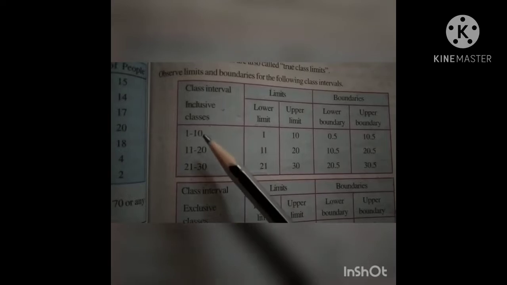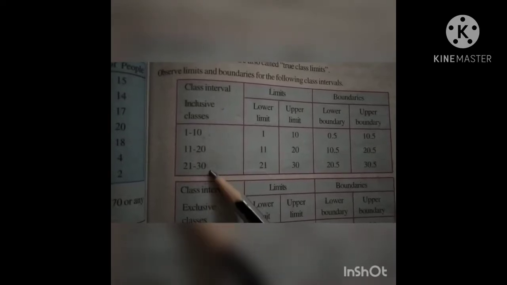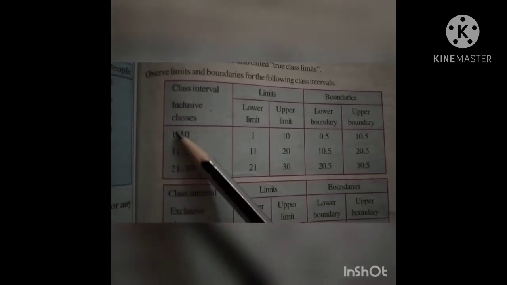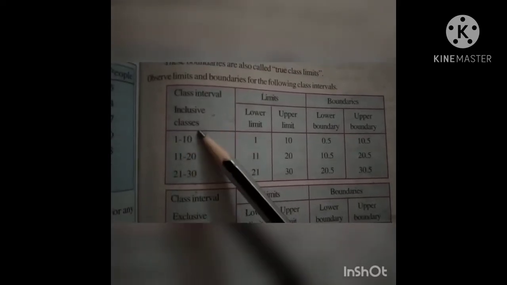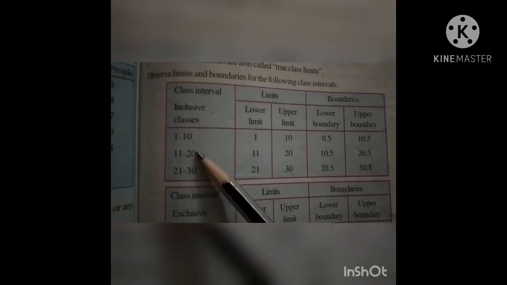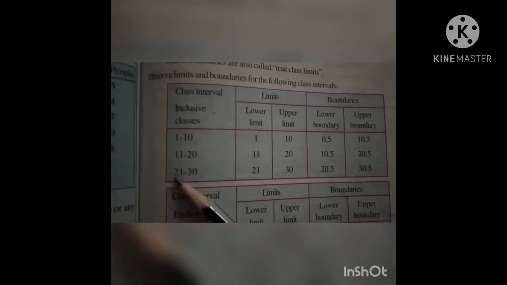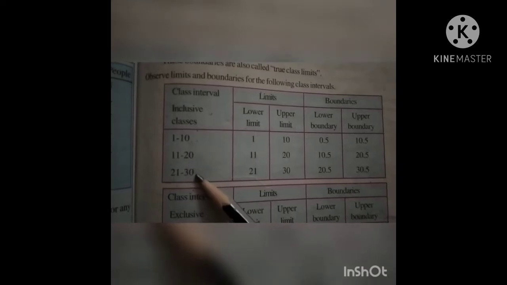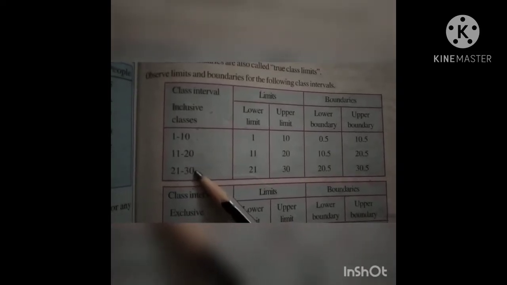Left side values are all lower limits and right side values are upper limit values.